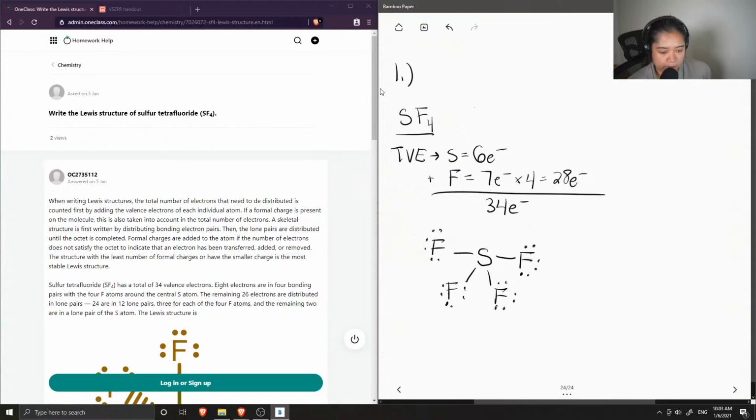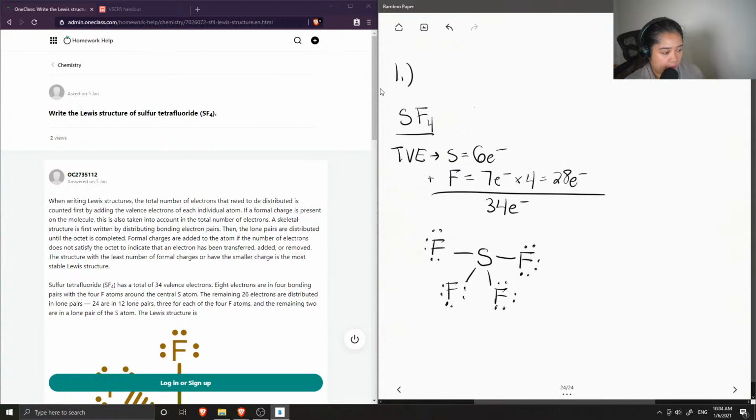If we recall that each bond contains 2 bonding electrons, and we have 4 bonds, this is 8. Then we add all of the lone pairs as well. Each terminal atom has 6, times 4, so that's 24, plus 8, which is 32.